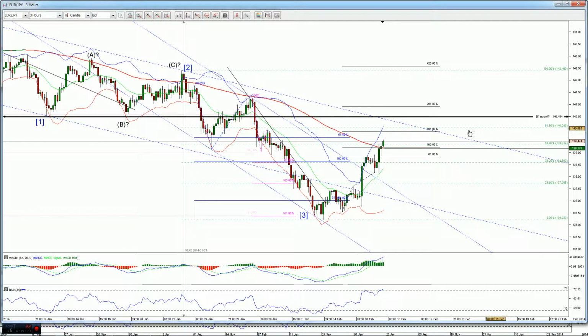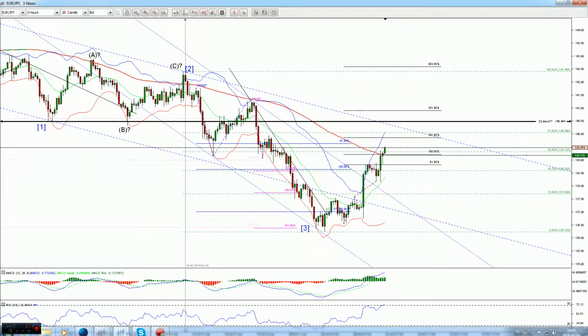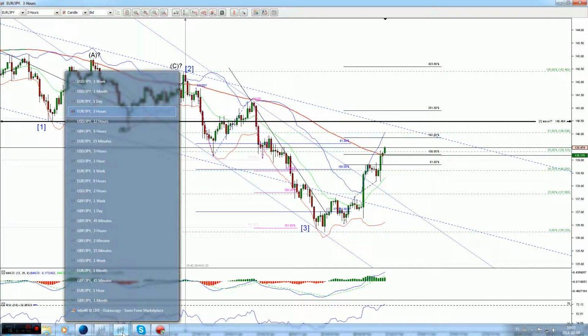Should this market respect those areas here, so the market will not enter into this first wave. Sorry, this would mean that the market may make another move to the downside. The fourth may enter into this first wave, especially this is the first month if we had a reversal.